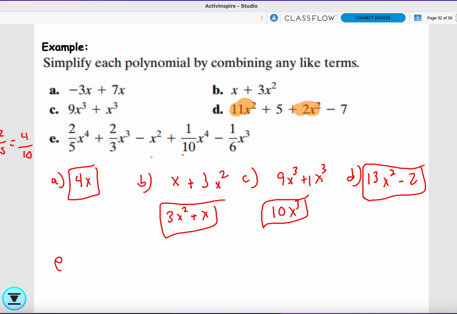So we can combine the 1/10 and 4/10, which is 5/10 and x to the 4th. And then we'll add the x cubes, which is minus 3/6 or plus 3/6 x cubed minus x squared, which is just 1/2 x to the 4th plus 1/2 x cubed minus x squared.